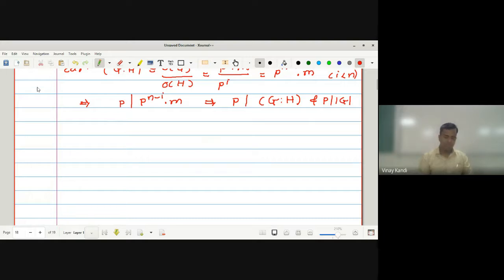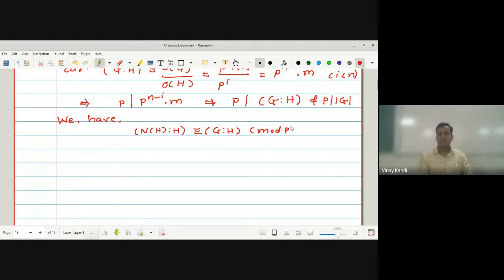Now we have, in the previous theorem, we seen that the index of H in N(H) is congruent to the index of H in G mod p.